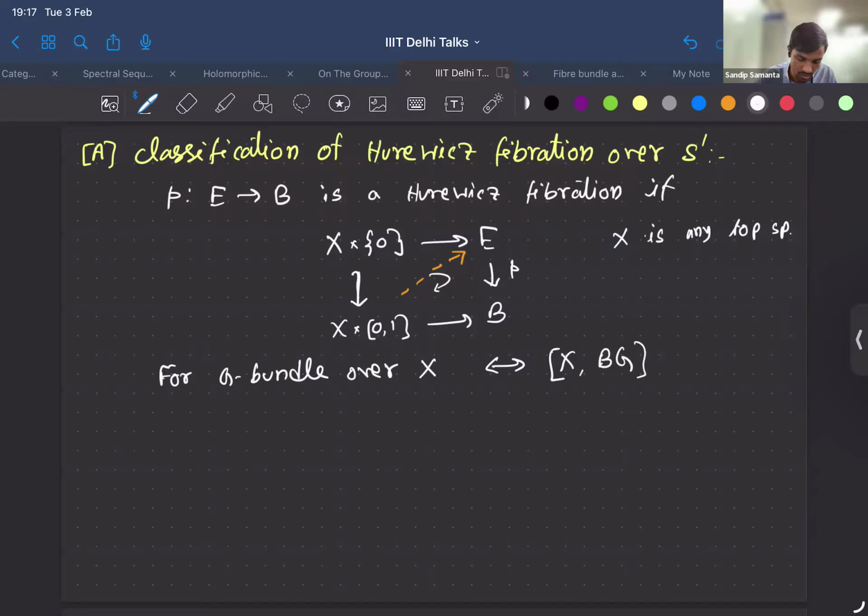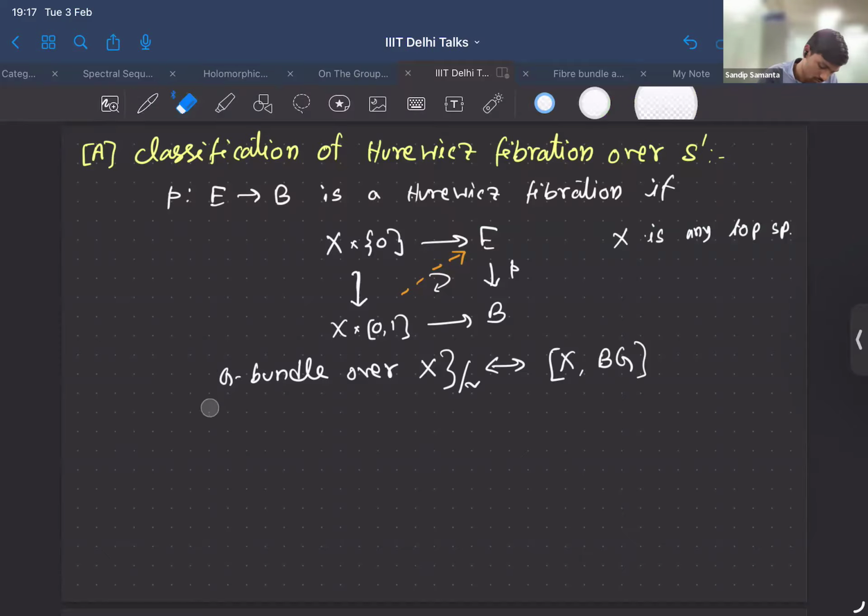This just means homotopy classes of maps from X to BG. So here, for G bundles over X, modded by isomorphism class, this is a famous classification result for any principal G bundle.